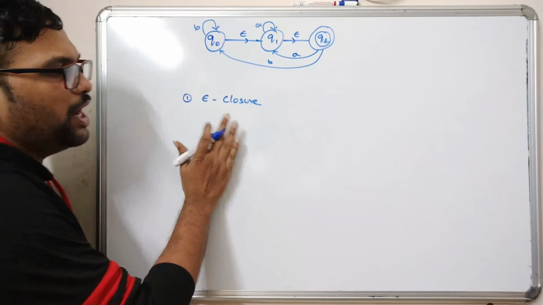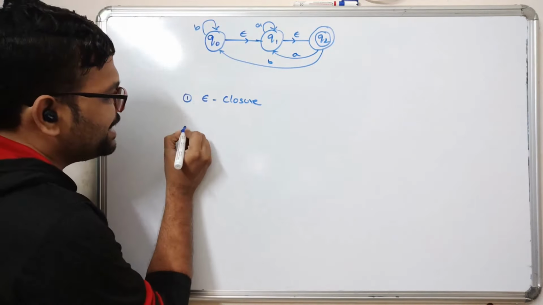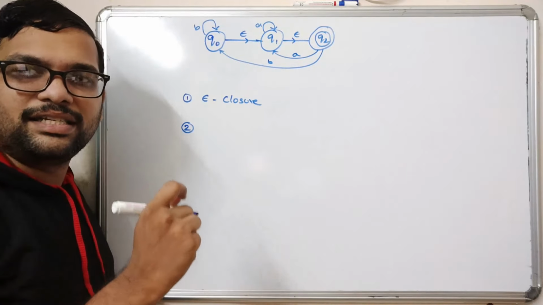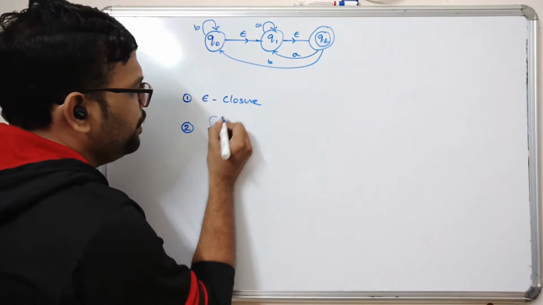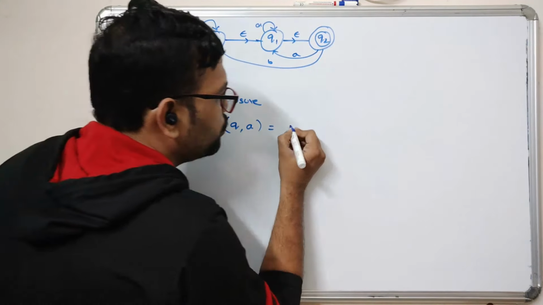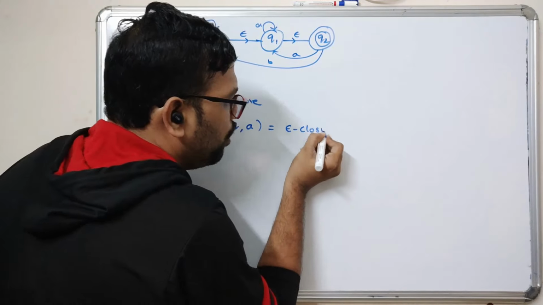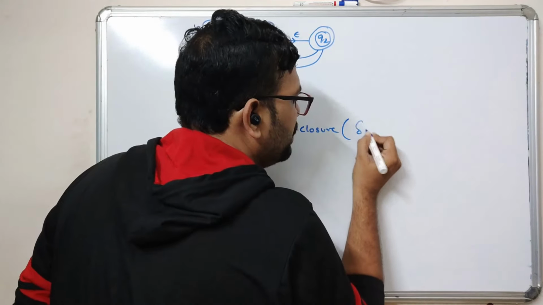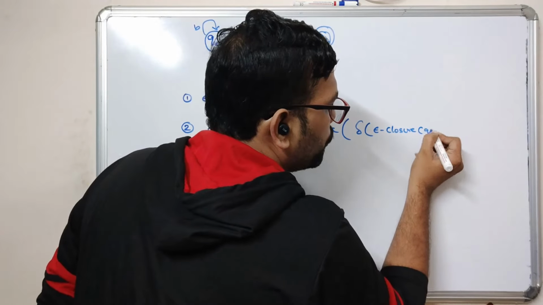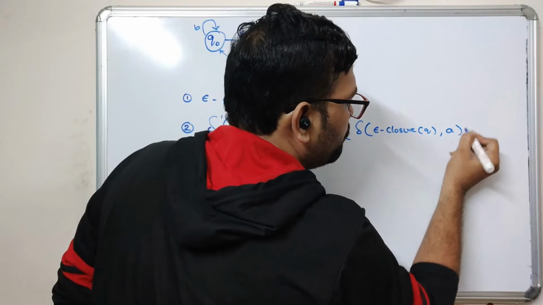Now the first step is to find the epsilon closure, and the second step is we need to find the transitions. For example, delta dash of q with the input symbol a is equal to epsilon closure of delta of epsilon closure of q with the input symbol a.